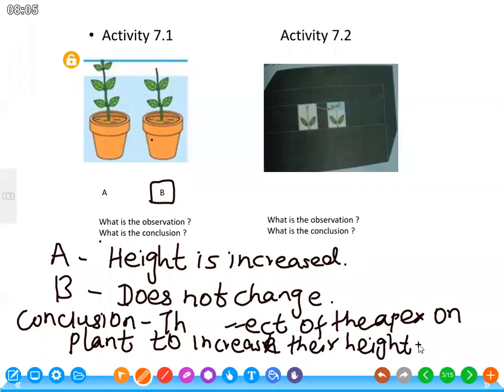So the observations: in A, height is increased; in B, it does not change. The conclusion of this activity: the effect of the apex on the plant is to increase its height. Okay?